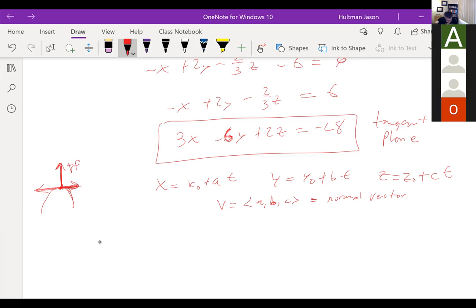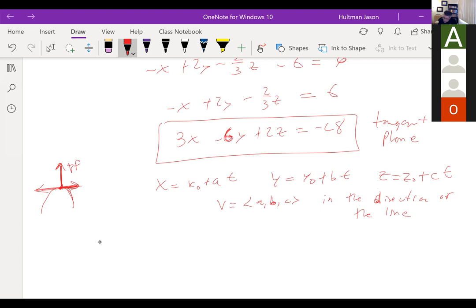Is that right? No, that's not right. Or it is the normal vector. No, you're right. It is the normal vector. It's not normal to the line. It's just in the direction of the line.